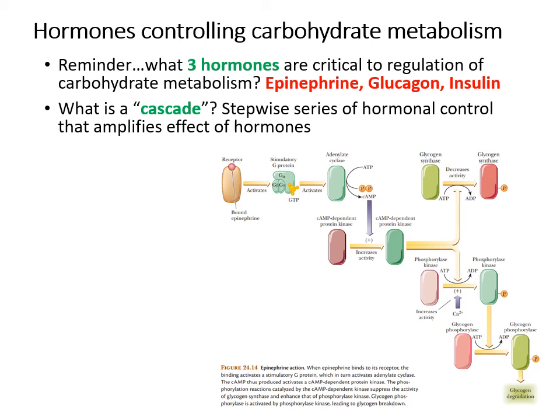And a lot of hormones, including these guys, work by signal cascades, which you can see in this figure here. Basically, a cascade is a series of hormonal control or activations of hormones that ultimately amplifies. So if you have a small amount of hormone and it triggers a cascade, you end up amplifying the effect or the abilities of that hormone.